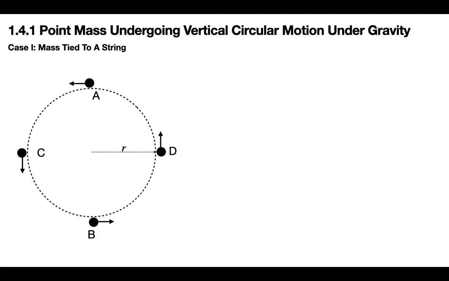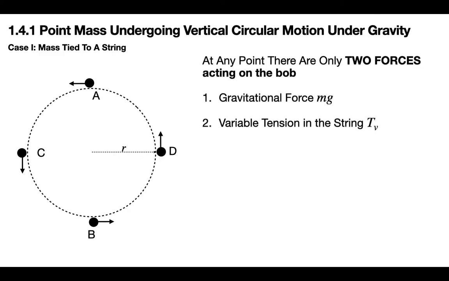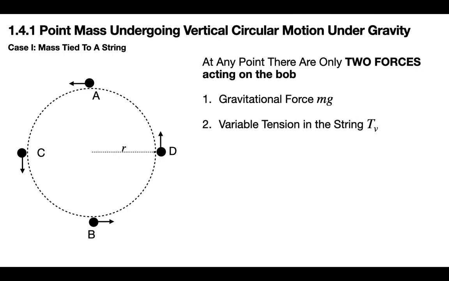Now, a point mass undergoing vertical circular motion under gravity. The first case: a mass tied to a string. At any point, there are only two forces acting on the bob: the gravitational force mg and the variable tension in the string Tv, because when it is at the bottom the tension will be different, at the top the tension will be different, and at 90 degrees the tension will be different.